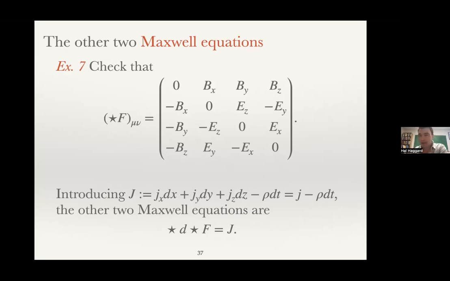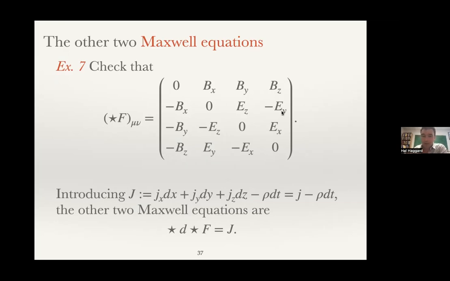And if you go back and look at the slide that we had for F, it essentially has just traded B for minus E. There were minus E's up here, now they're B's. And E has gone into the slots that B was in. So the Hodge star switches which field you're talking about, the electric and the magnetic, up to minus signs.